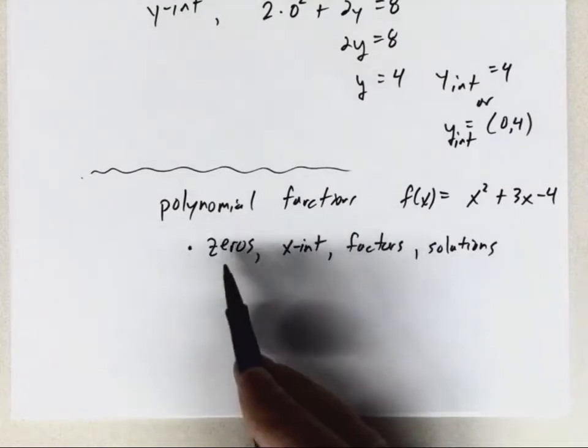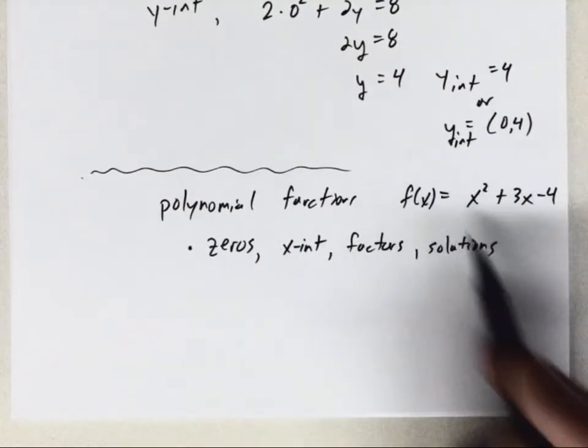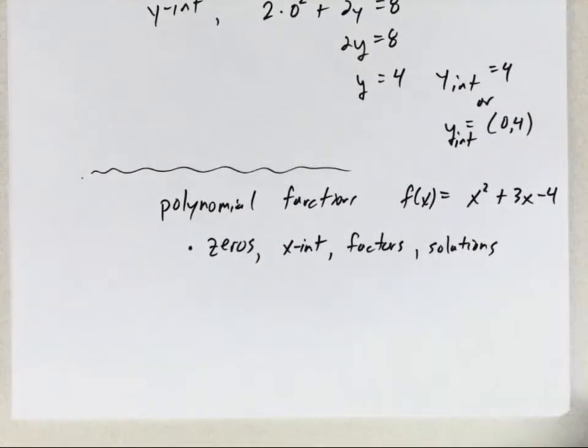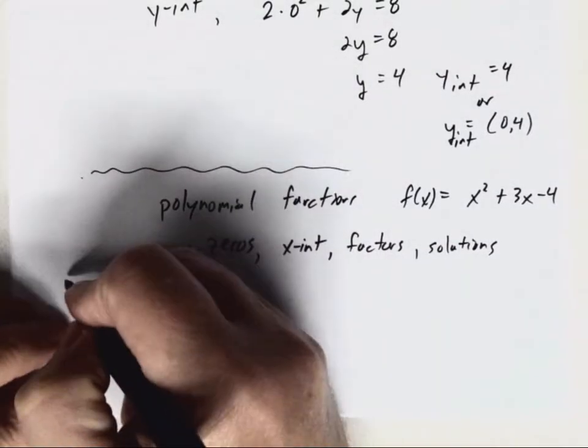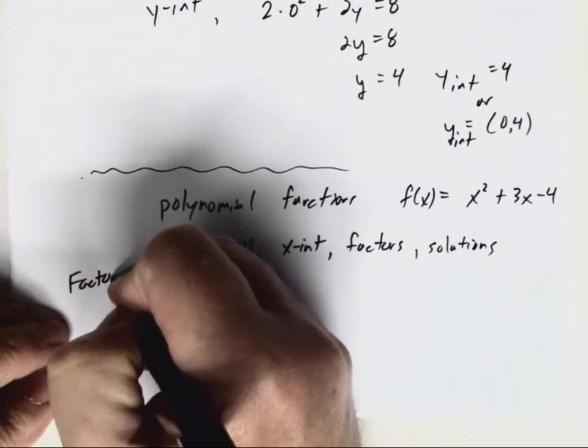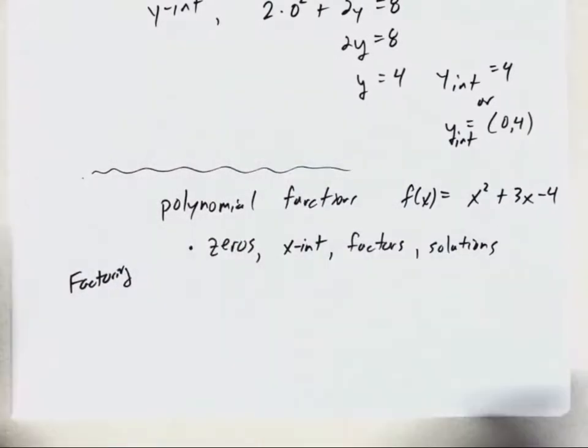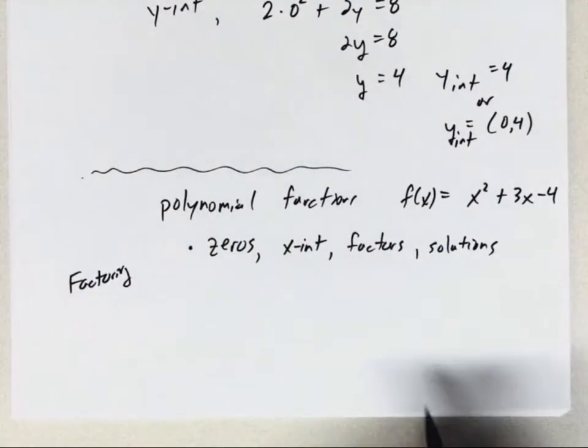So let's just start with working through these and see how it relates to this function. Now the first thing in this section, everything we're going to do, you almost always have to start out by factoring. If you can't factor, then a lot of the stuff we're asked to determine, we're going to be sort of stuck.